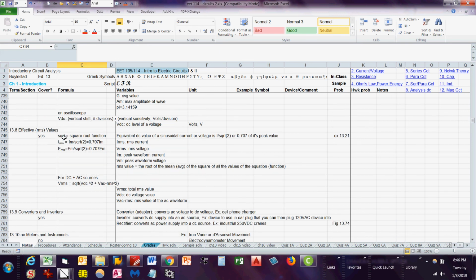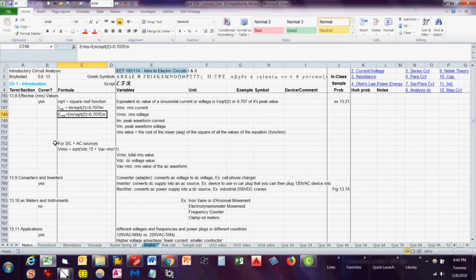Effective RMS values. Square root is a square root function. I RMS equals I sub m, which is the maximum peak waveform current, divided by the square root of 2, which is also 0.707 times the peak, and that goes for the voltage too.